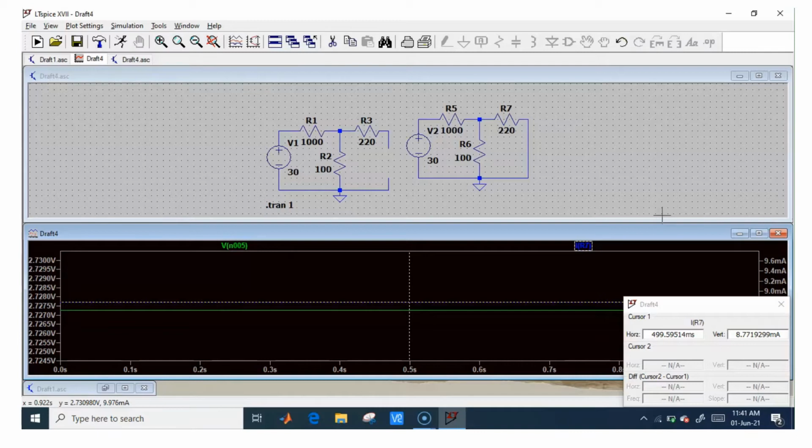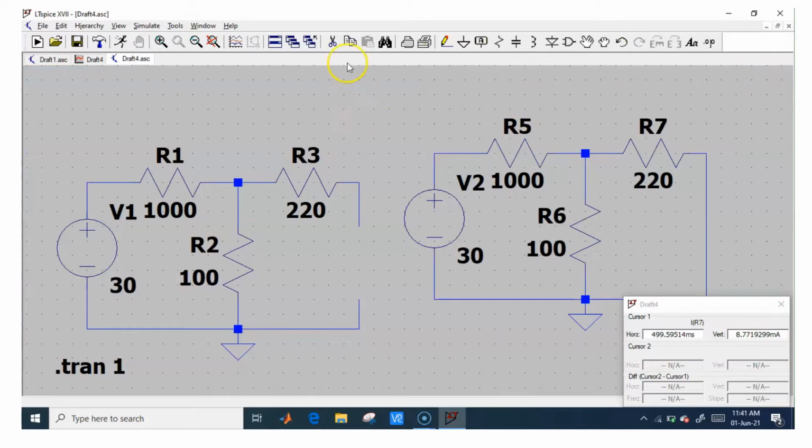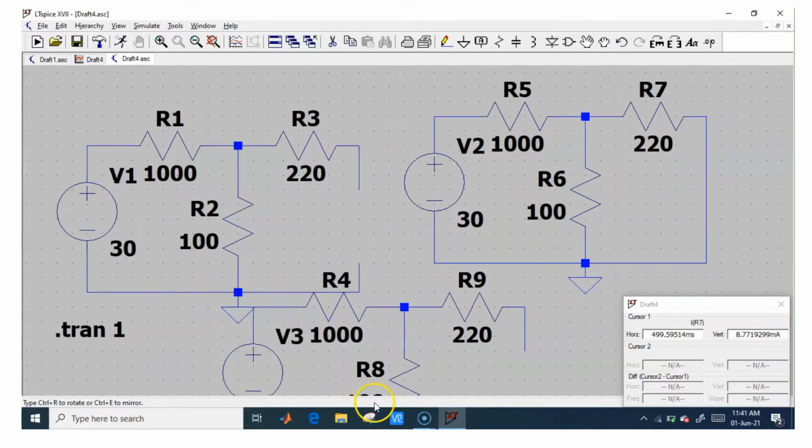For that we also need one more component, that is the R Thevenin, the equivalent resistance of the given circuit. How we can find that? Let us copy the circuit again.